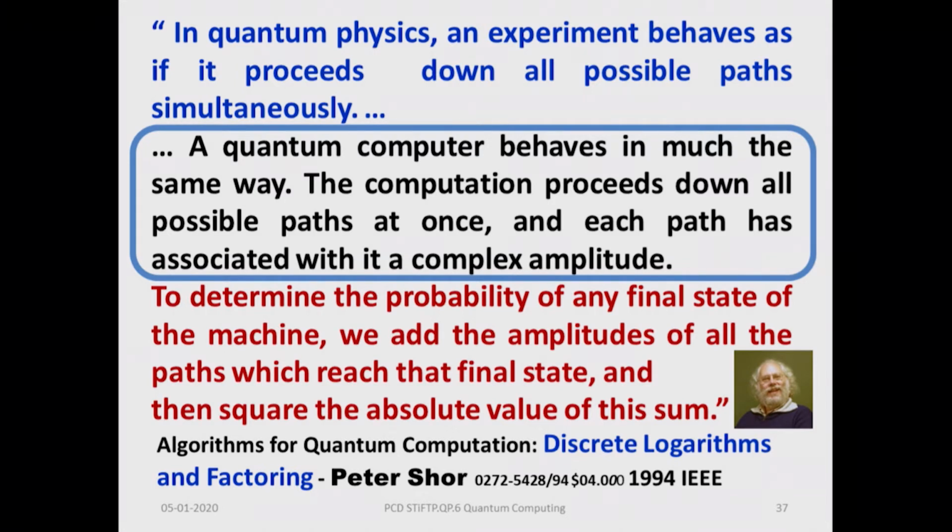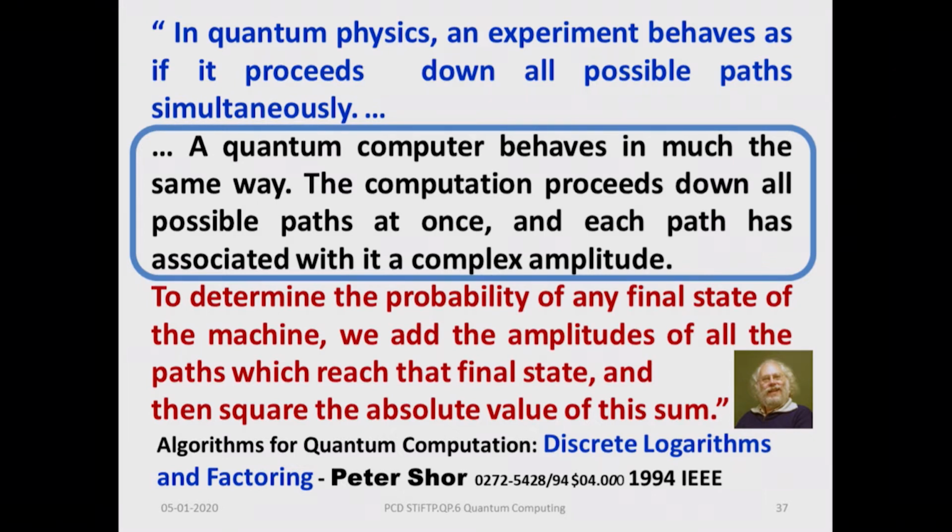And if you had just read this statement without looking at the source or the journal or the author, Peter Shor's name, you would have thought that, okay, this is coming straight out of a discussion on the Feynman path integral approach to quantum mechanics.